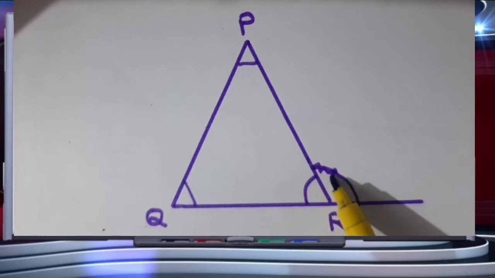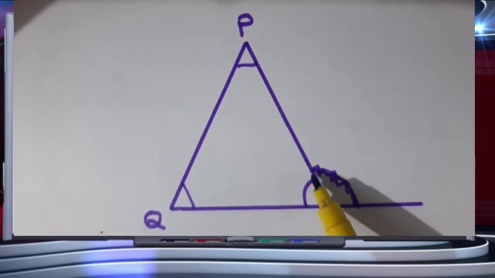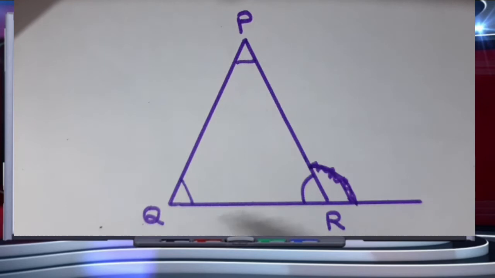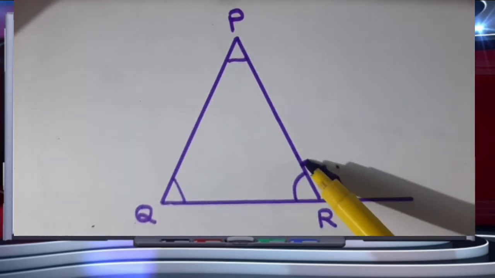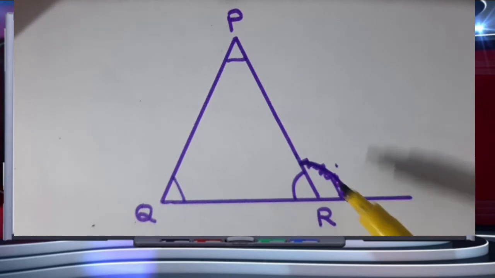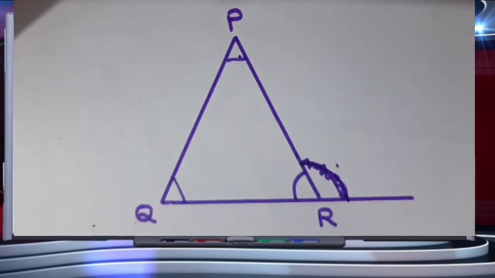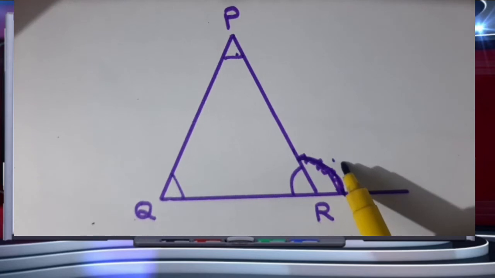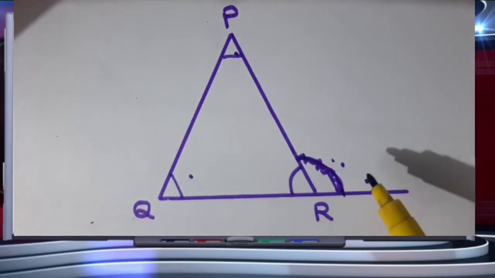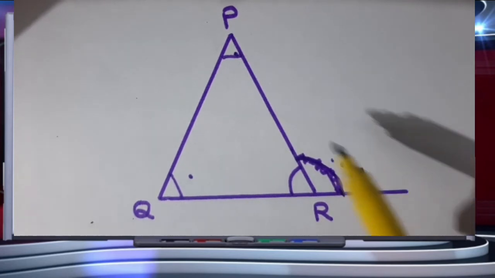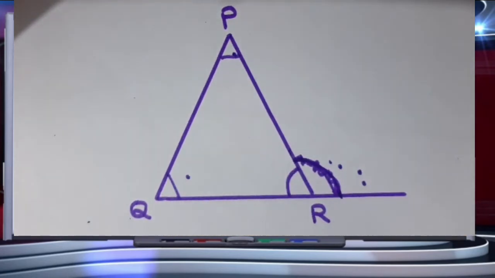This is known as the exterior angle. It means this angle is outside the triangle PQR. So the exterior angle is equal to the sum of the two interior opposite angles. That is, this angle will be equal to the sum of angle P and angle Q. This exterior angle R is equal to angle P plus angle Q.